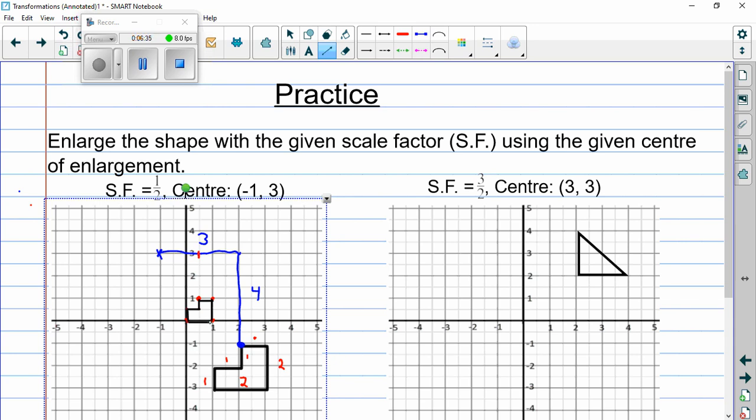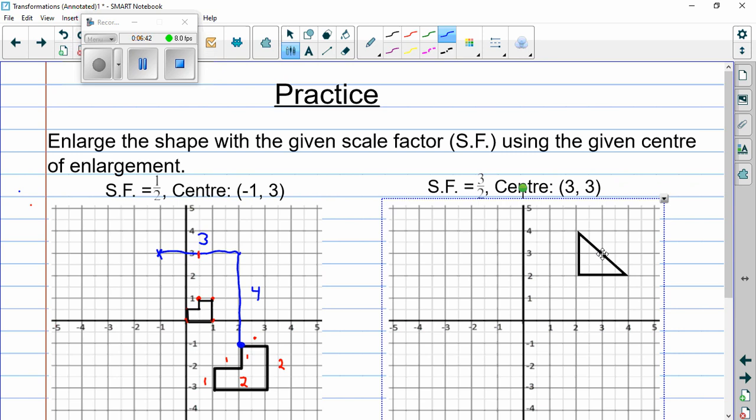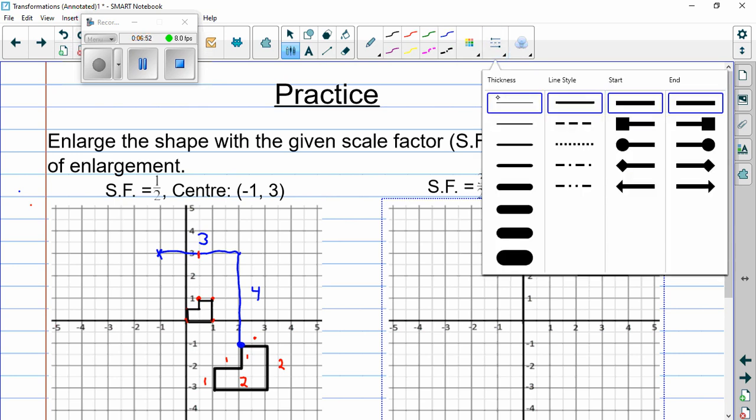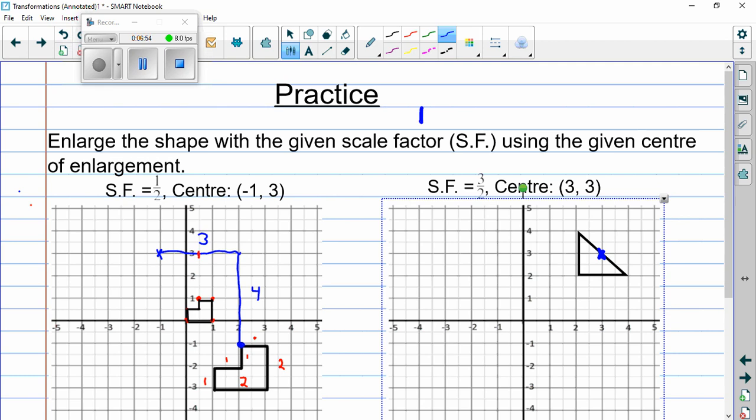So if we look at our right one, now we have to mark our center again. So 3, 3. It lands right at that point, which is actually on our diagram. So we actually call these, if you remember, invariant points. A point that does not change its location under a transformation is called invariant.